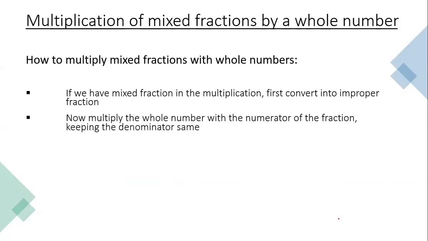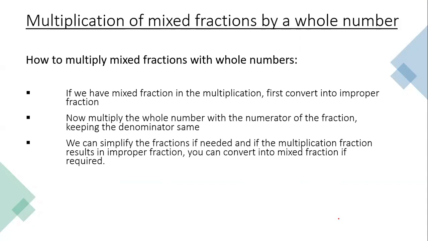Then multiply the whole number with the numerator of the fraction, keeping the denominator the same. Then we can simplify the fraction if needed. And if the multiplication results in an improper fraction, we can convert it into a mixed fraction if required.